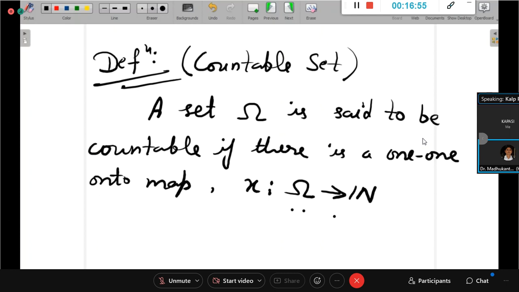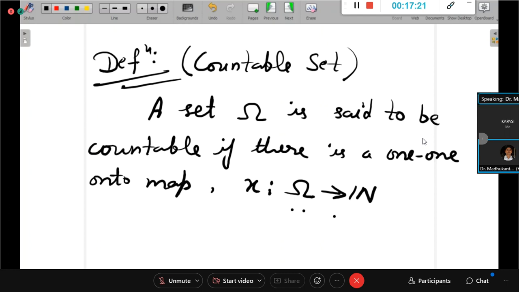So countable set means, you can see the set of natural numbers is countable. Can you understand that? 1, 2, 3, 4, 5, 6, 7, 8. You will go on, and however many times, you will end up with some natural number, right?